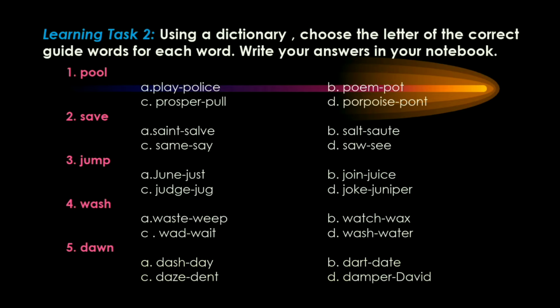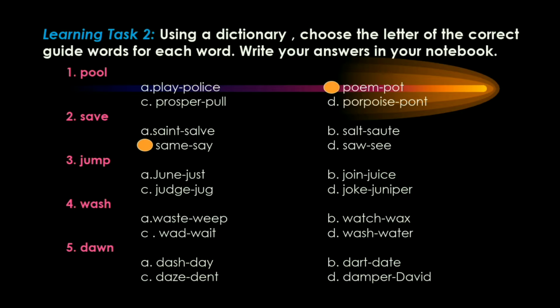It's time to check your answers. Let's start with number 1. The word is pool. The answer is letter B, which means that pool is in between the words poem and pot. For number 2, we have the word save, and the guide words are same and say. It means that save is in between same and say.